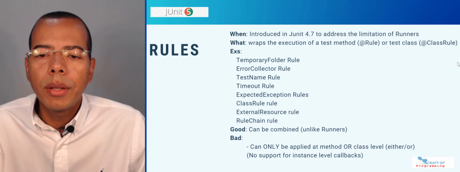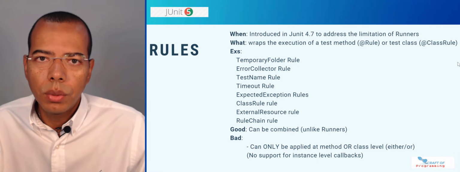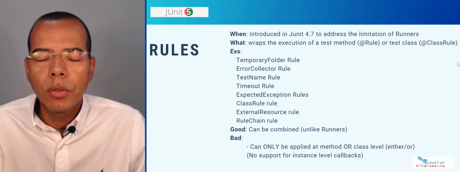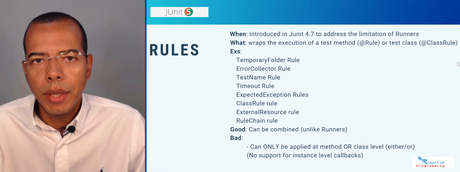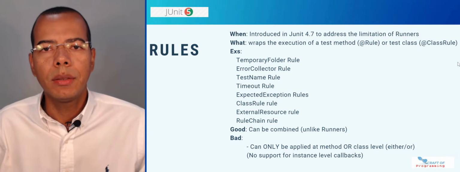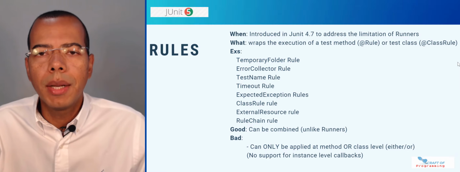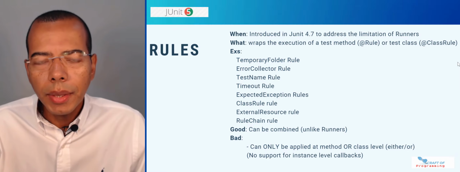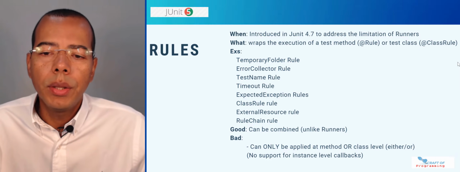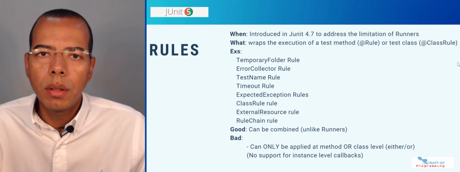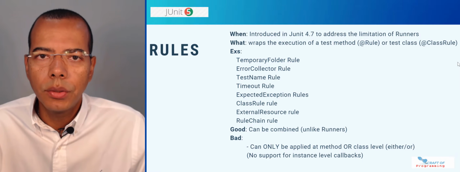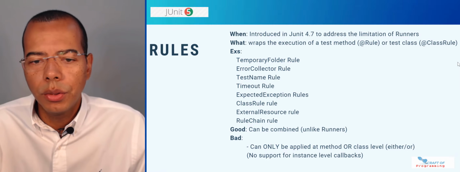And then I think JUnit 4.7 introduced rules as a way to address the shortcomings of the runners mechanism. So rules are basically a really nice way to customize and to extend the behavior of a test. And you could do that at the test method level or at the test class level using the @Rule annotation or the @ClassRule annotation.